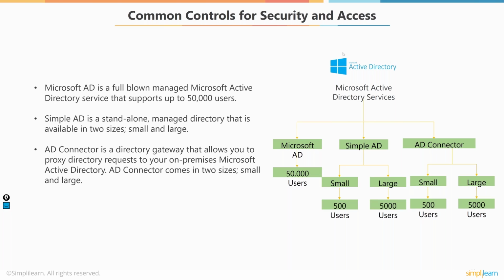Now, there are 3 types of Microsoft Active Directory integration: Microsoft AD, Simple AD, and AD Connector. What they're used for and why. Let's say you have a big organization that you want to integrate access for, which doesn't actually happen that often, because even if you have an organization with 1 million people in it, not all million people will ever access AWS.